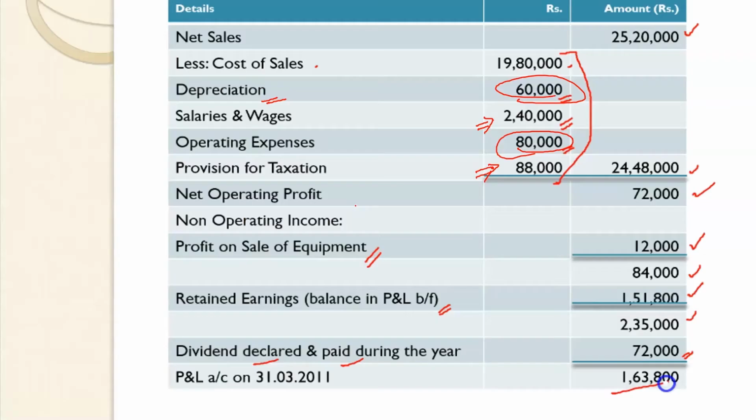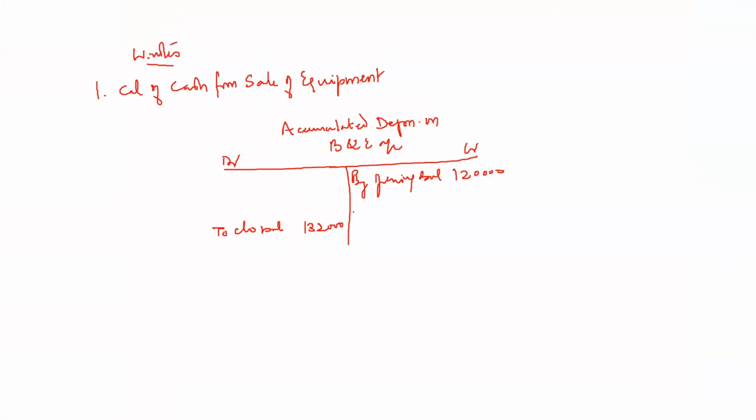And the current year depreciation, as given in the income statement, should be credited here. So by P&L account. So the journal entry is P&L account debit to accumulated depreciation account. That means this expense will be debited there, whereas here it should be credited. That's it. We can close the ledger.